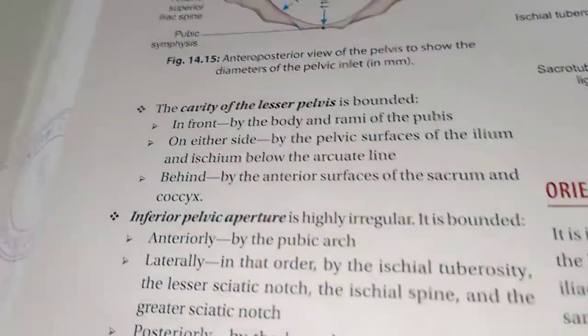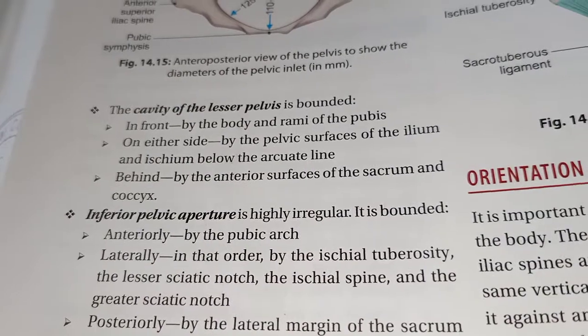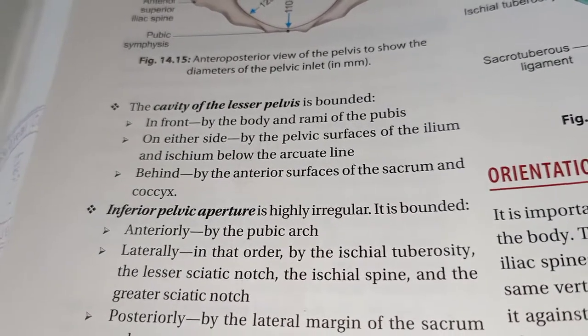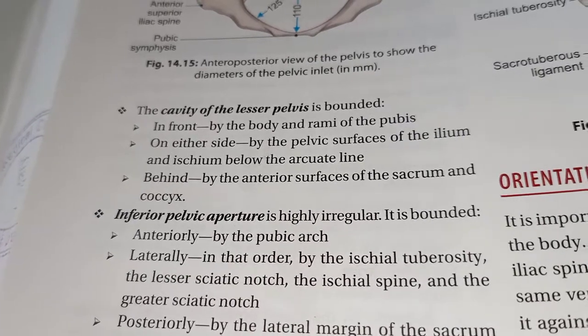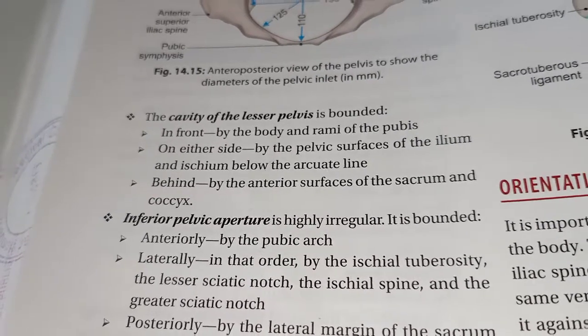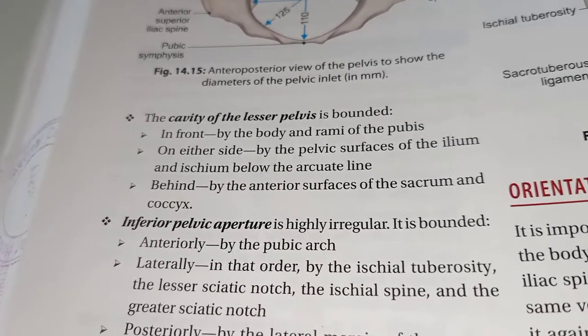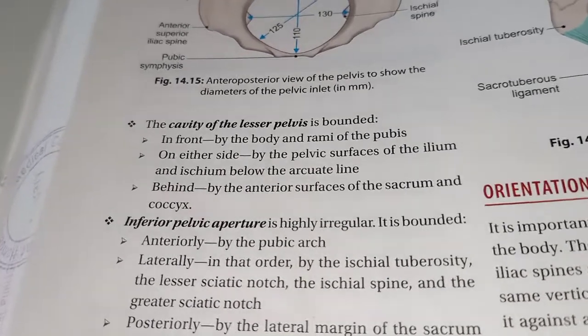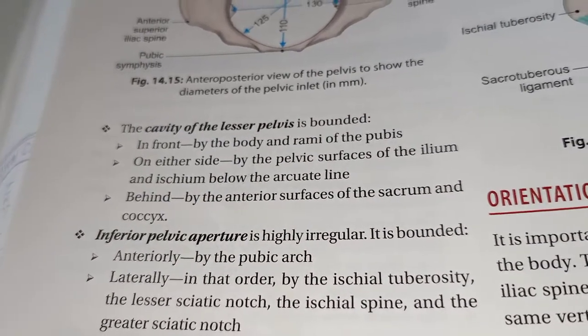Now, we'll proceed further with the cavity of the lesser pelvis. We studied the greater pelvis; now we'll study the cavity of the lesser pelvis. What is the cavity of the lesser pelvis? Lesser pelvis means the lower part of the pelvic area. In front, it is bounded by the body and the rami of the pubis.